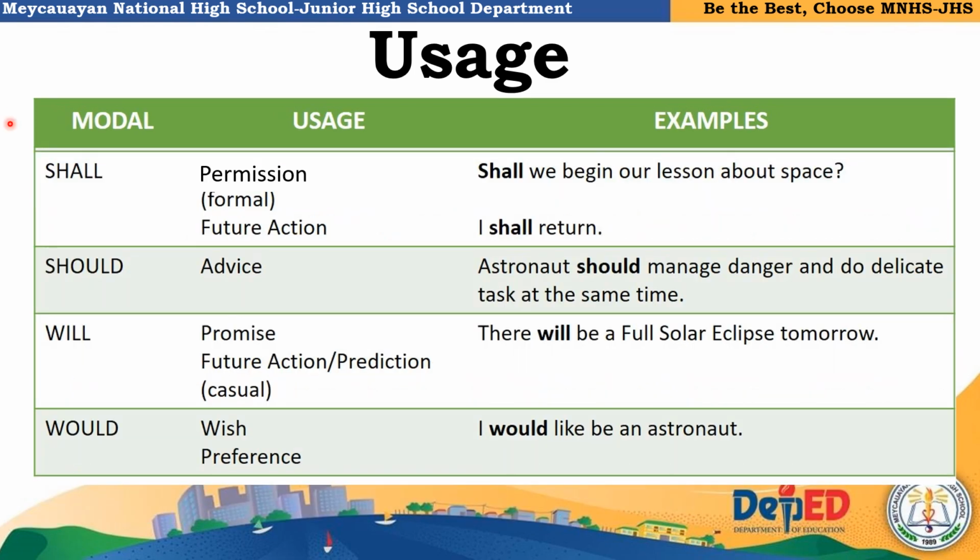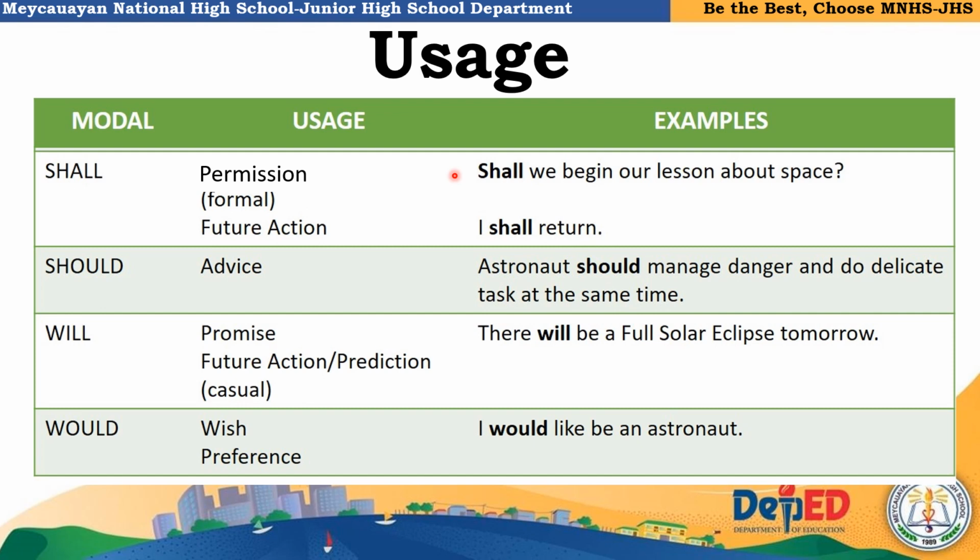For our second set of modals, we have shall, should, will, and would. Shall. The usage of modal shall is for asking permission in a formal way or formal setting. And it is for future action. Let's have example. Shall we begin our lesson about space?